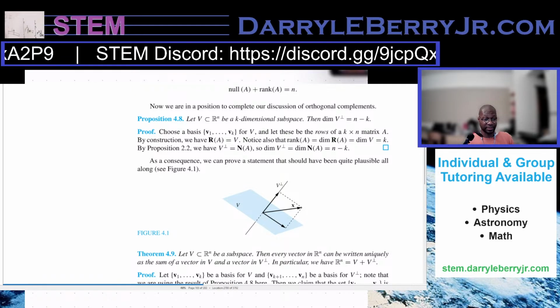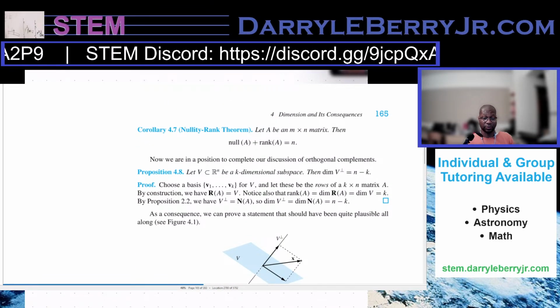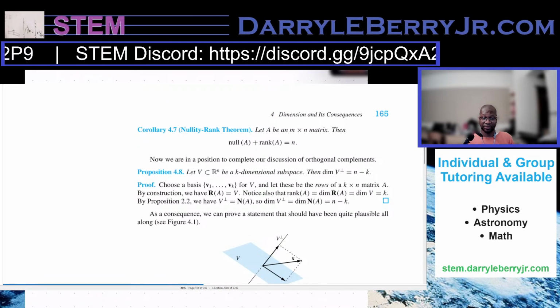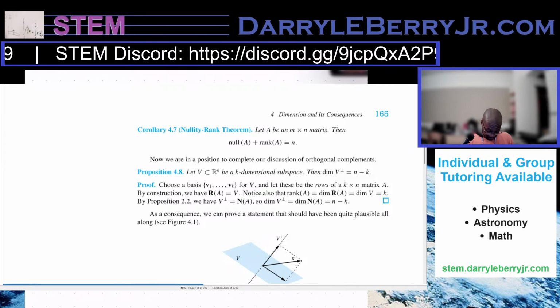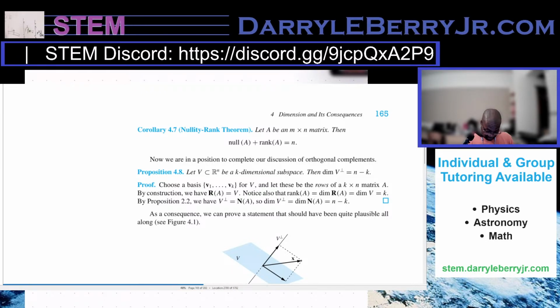What's theorem 4.7? Nullity rank theorem. Let A be an n by n matrix, then null A plus rank A equals n. So let's check this.